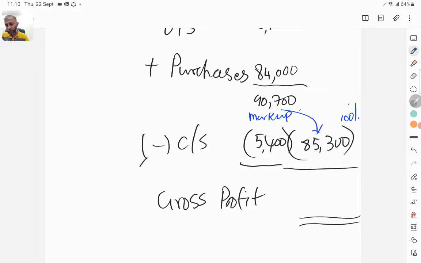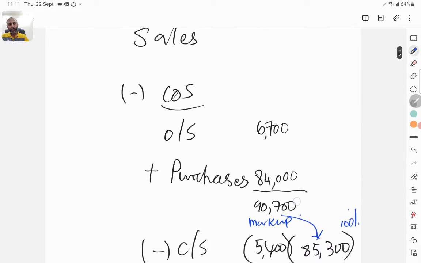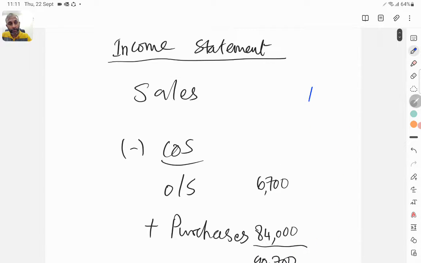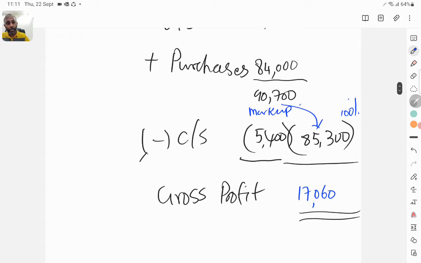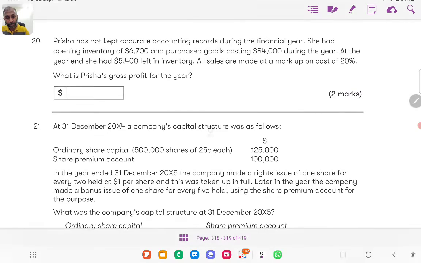So times 20 you will get 17,060, which is your gross profit. If you add this to 85,300, you get the sales of 102,360. So this is the answer to this question. Let me go to the question. So the question number 20 answer is that.